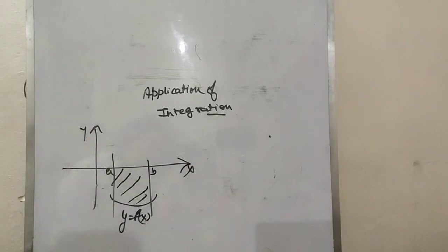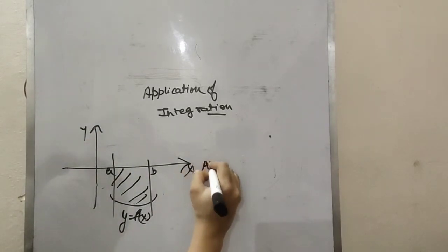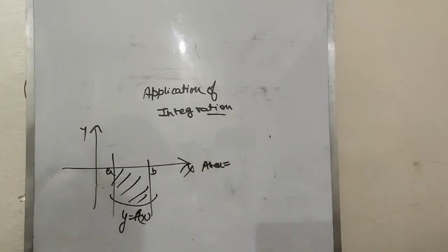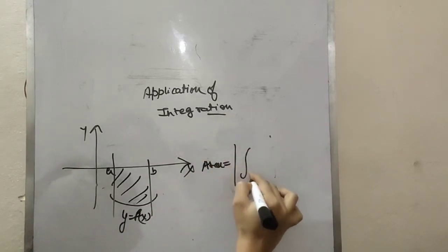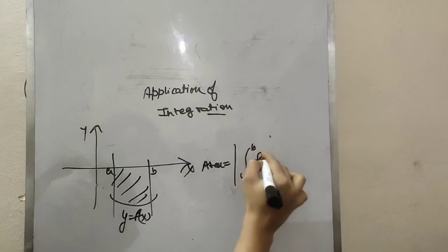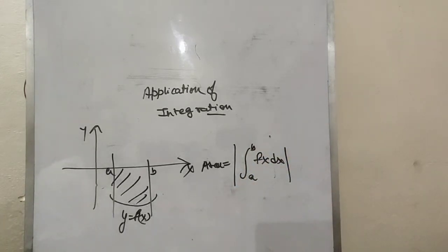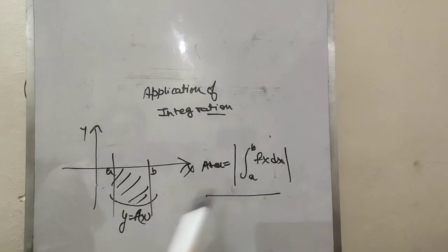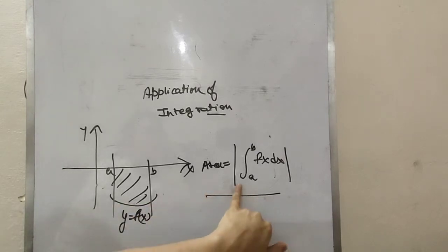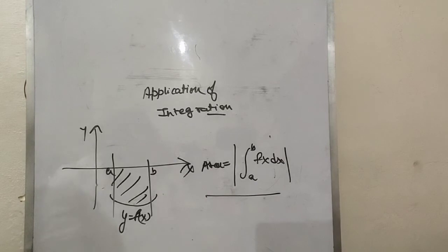So the area is equal to the integration from a to b of f(x) dx, closed with the modulus. This is very important to understand. Whenever you need to calculate the area bounded by curves, you have to use this formula for working with integrations.